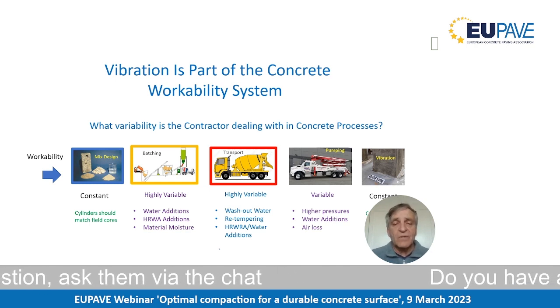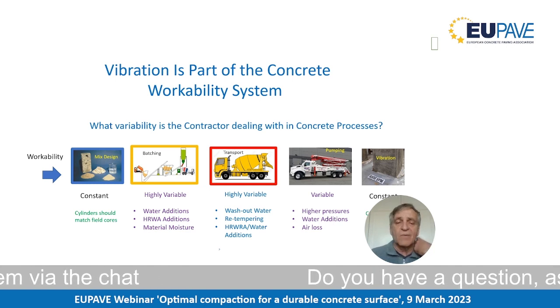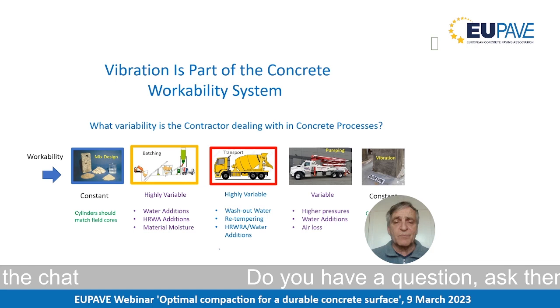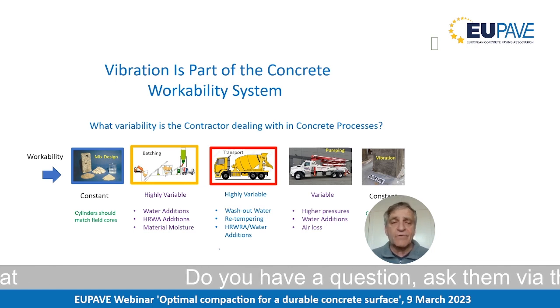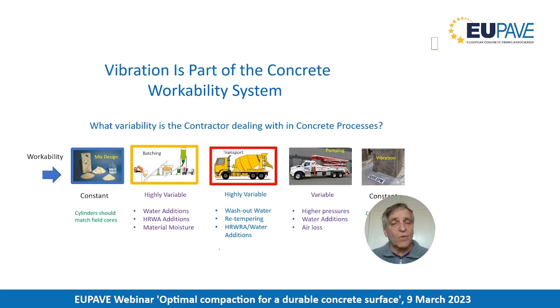And so when we look at design, we look at what's in the concrete, what its properties are, what its performance targets are, and we hope that what gets put down in front of our vibrator has some of the same metrics for workability that were designed or expected in the laboratory. Once it gets out of the laboratory, it's batched, and it could go through a trial batch period.